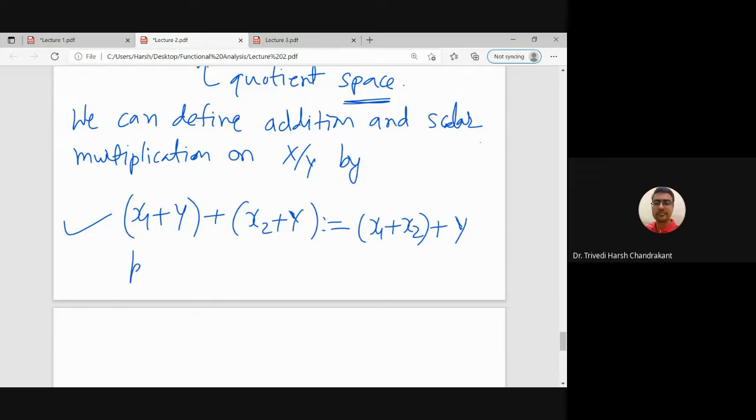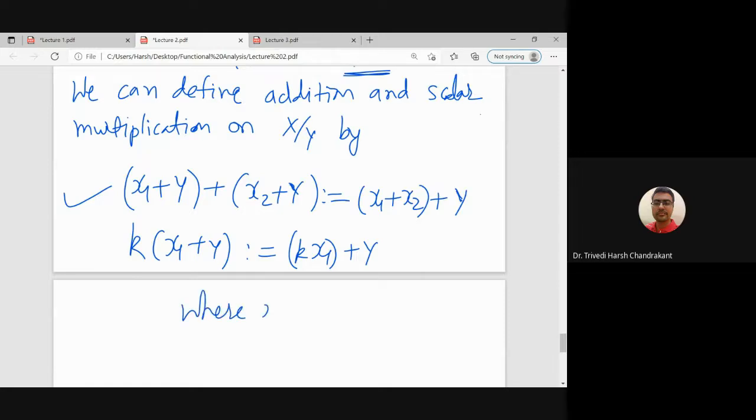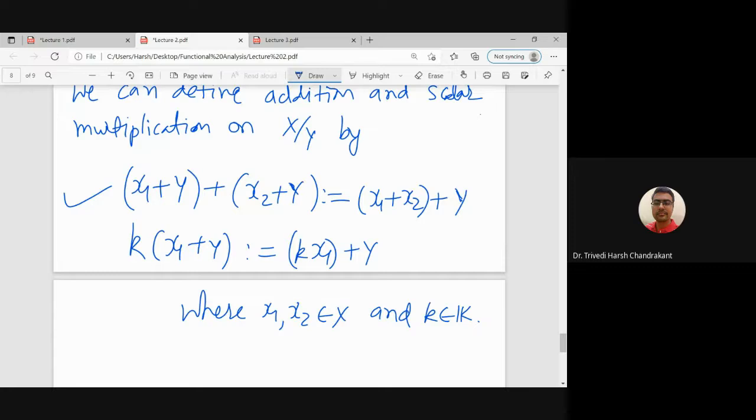and the scalar multiplication we are defining similarly: k multiplied by x1, the equivalence class of that. Right. What are these elements? Where x1 and x2 are elements of X, and k is a scalar. k is either a real number or a complex number.